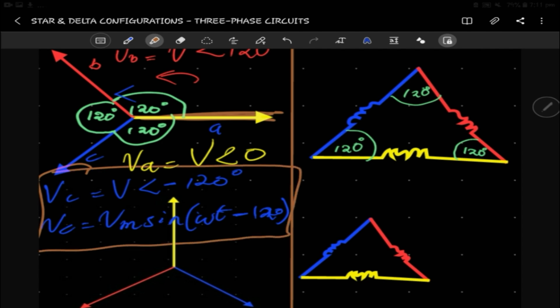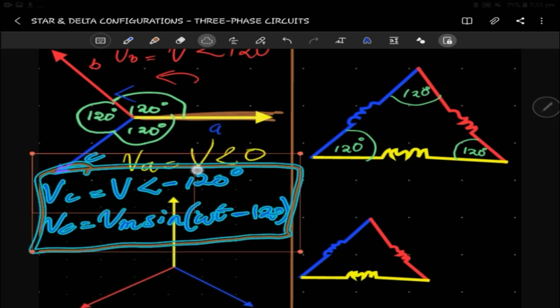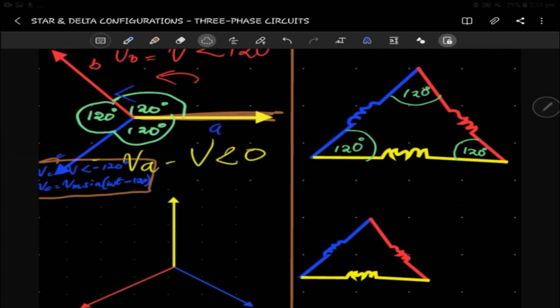But then there's one thing that happens whenever we are having these configurations. We want to do something we call line or phase quantities, right? So let's take this. What happens is that when we say phase voltage, for instance, we are just seeing the voltage across that phase alone.